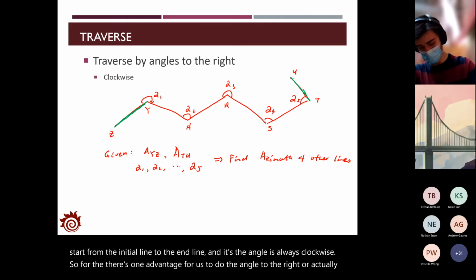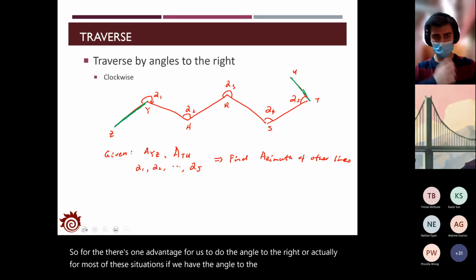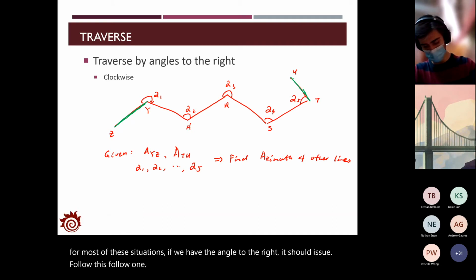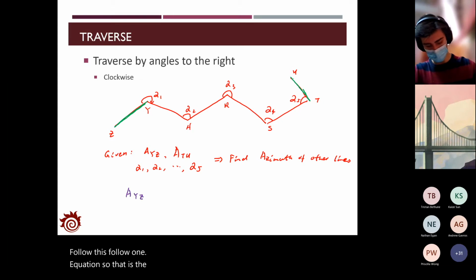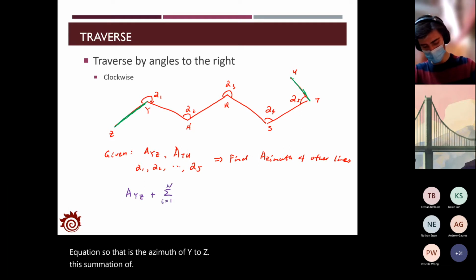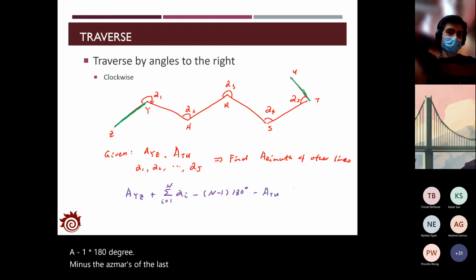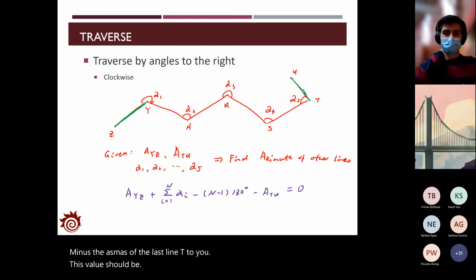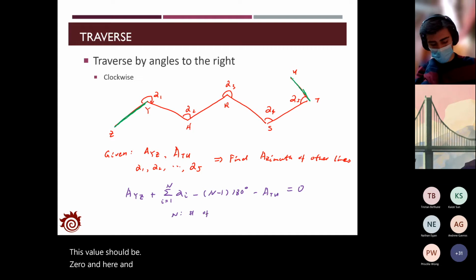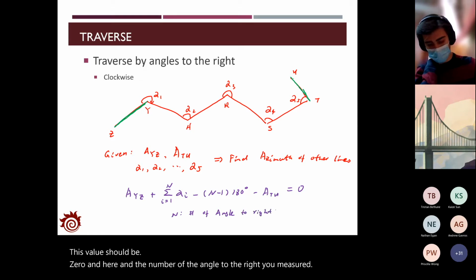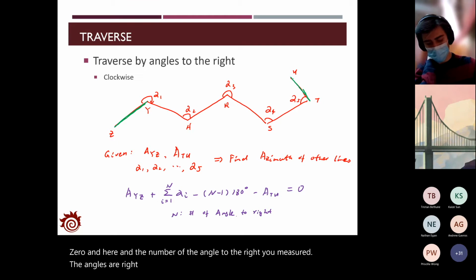For most situations, it should follow one equation: the azimuth of Y to Z plus the summation of all the angles to the right, minus n minus 1 times 180 degrees, minus the azimuth of the last line T to U. This value should be 0, and here n is the number of angles to the right you measured during the experiment.